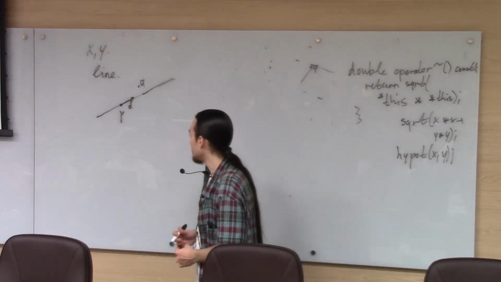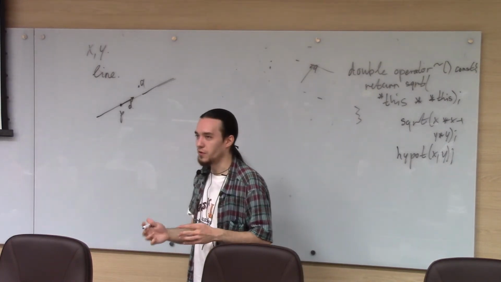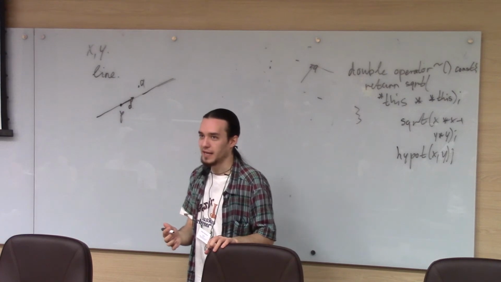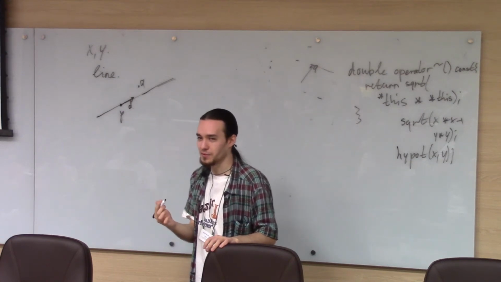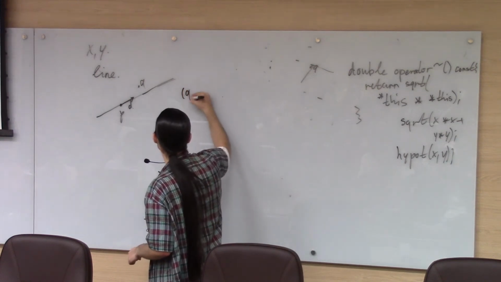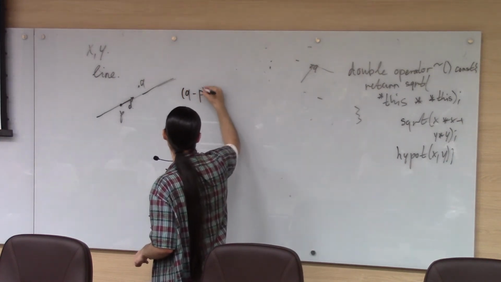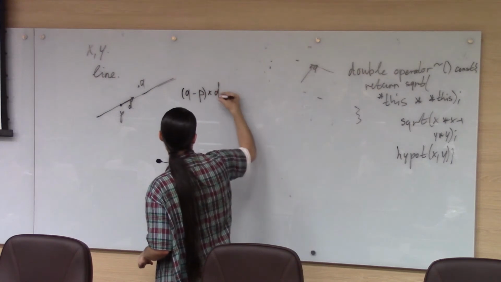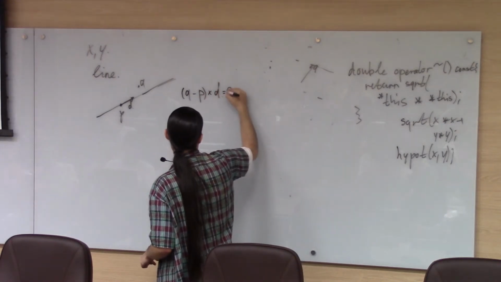Yes, so basically we want to check if the angle is 0 or pi, and that's exactly what our cross product does, right? So we have something like (Q minus P) cross product D is equal to 0.